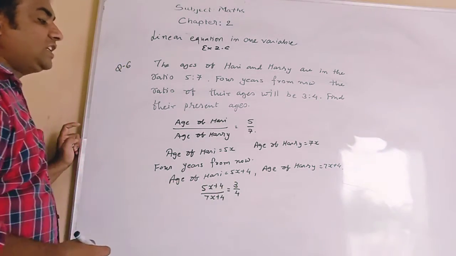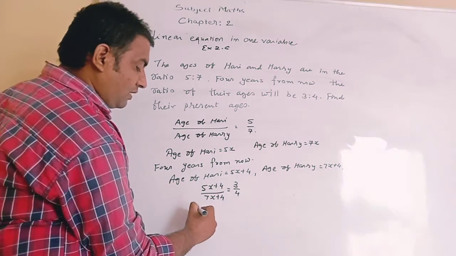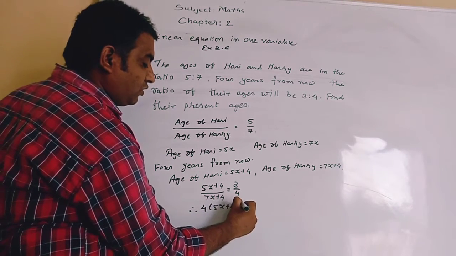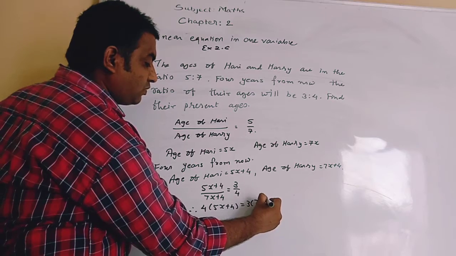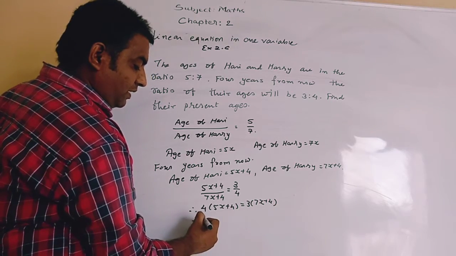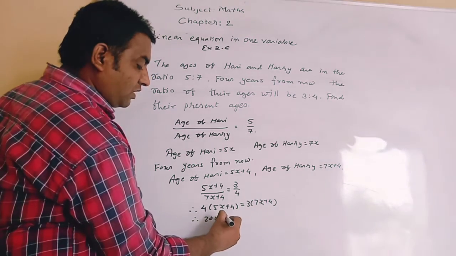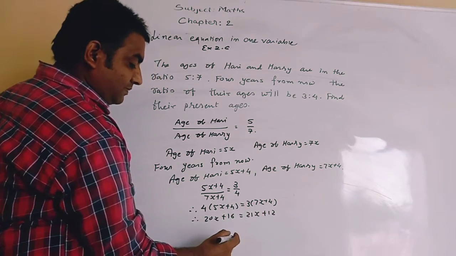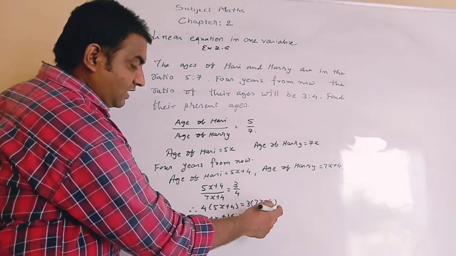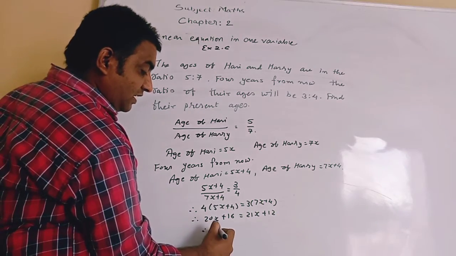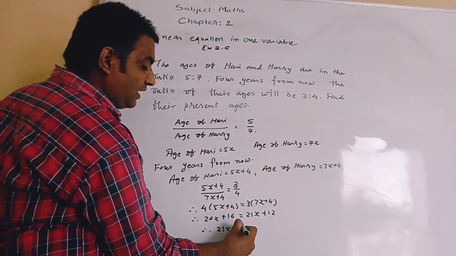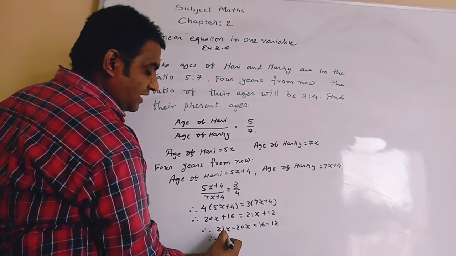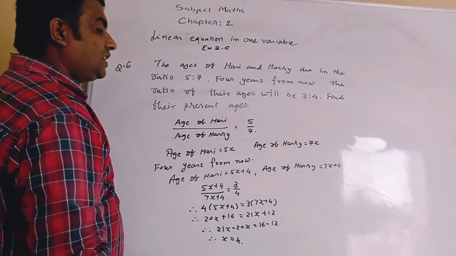So to solve this equation, we cross multiply, then 4 into (5x plus 4) equals 3 into (7x plus 4). So it will be 20x plus 16 equals 21x plus 12. So 20x we take to that side, 12 we bring to this side, then it is 21x minus 20x equals 16 minus 12, which gives us x equals 4.